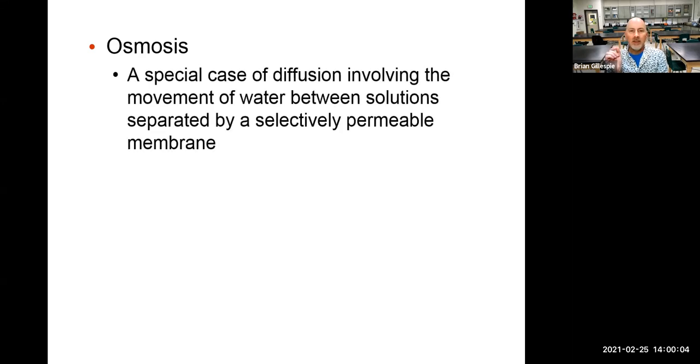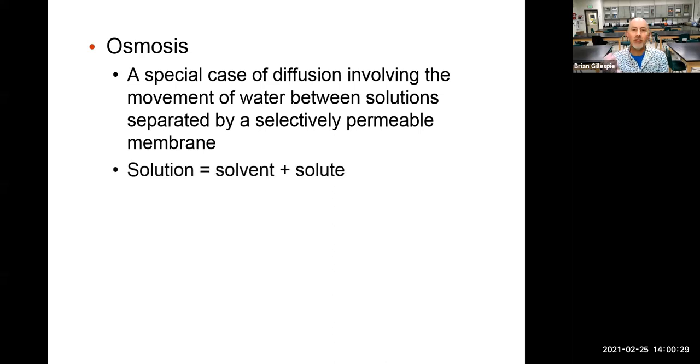Osmosis specifically refers to the way water molecules diffuse between solutions that have been separated by some kind of selectively permeable membrane. But that membrane must be permeable to water, but is not necessarily permeable to other dissolved molecules in either one of those solutions.